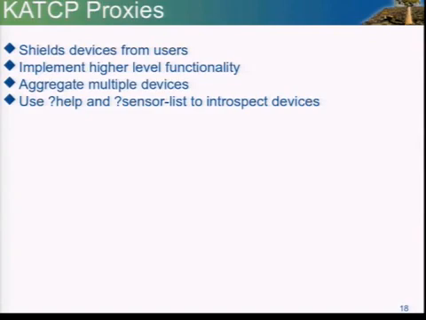And we can also hide or wrap certain functionality of a low-level device. For instance, the digital backend, those FPGAs have 16 channels. We only use 14. So the proxy can hide the sensors relating to the other two channels, so we don't get false alarms about signal levels.